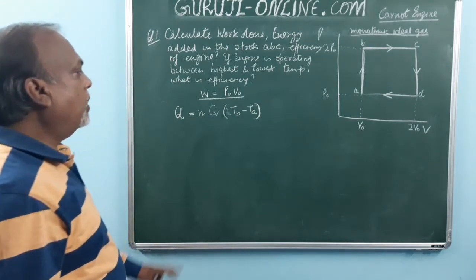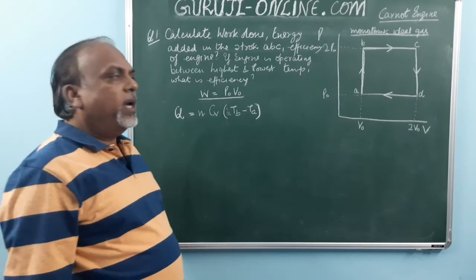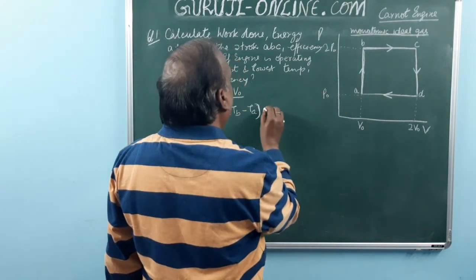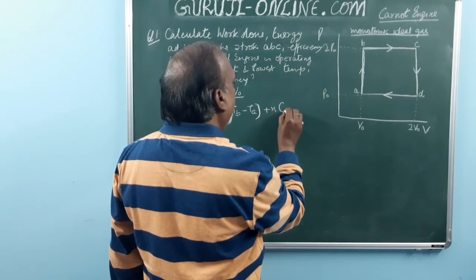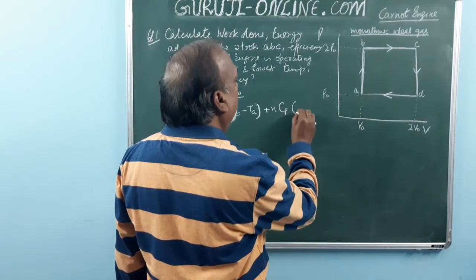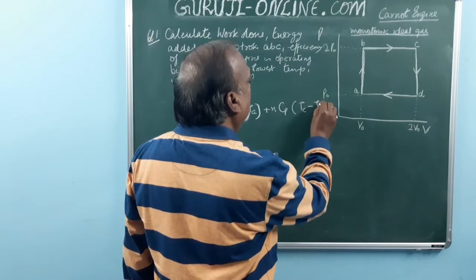Correct? During this process, this much energy will be added. Now, what about BC? It is at constant pressure, and here it will be TC minus TB.